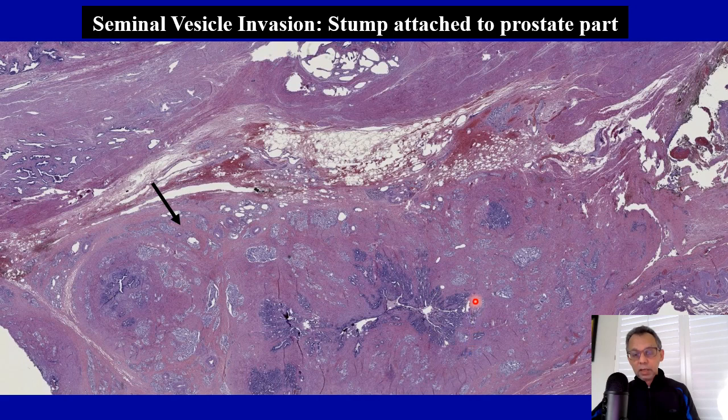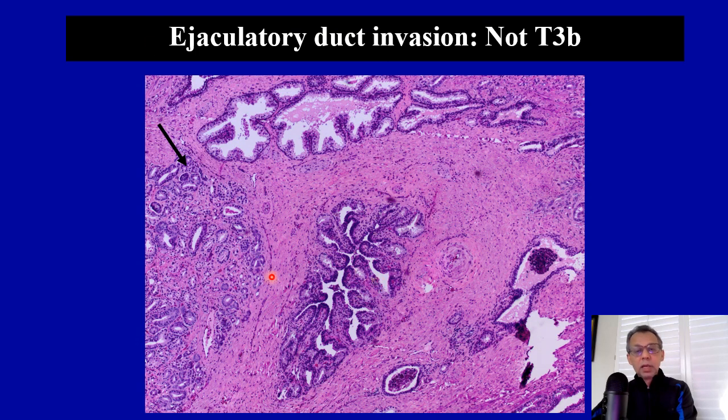But in this type of situation, it is important for you to make sure that you are calling seminal vesicle invasion which is clearly outside the prostate, not situated within the prostate. So here is an ejaculatory duct, or the intraprostatic portion of the so-called seminal vesicle, where tumor is seen near or infiltrating the seminal vesicle, but you see prostatic tissue all around it.